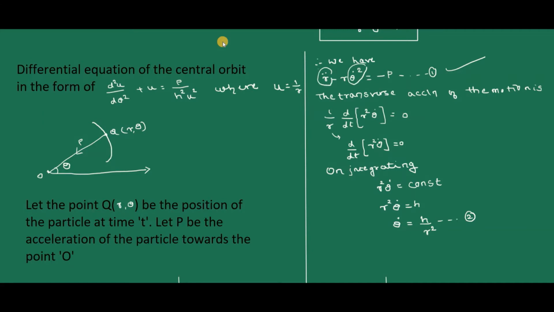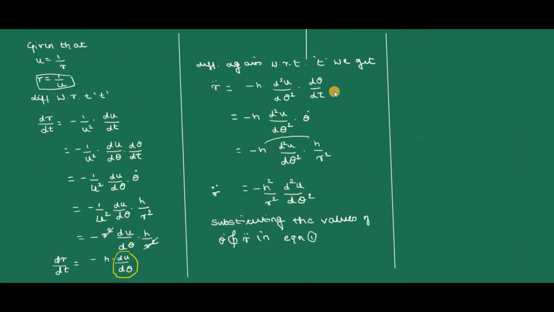So if you substitute, we get r double dot value, minus h square divided by r square, d square u divided by d theta square, then minus r theta dot square value, which is h square divided by r raised to 4, is equal to minus p.